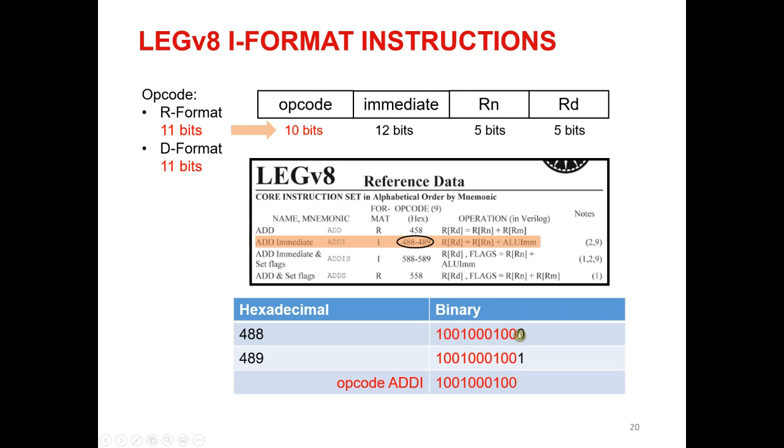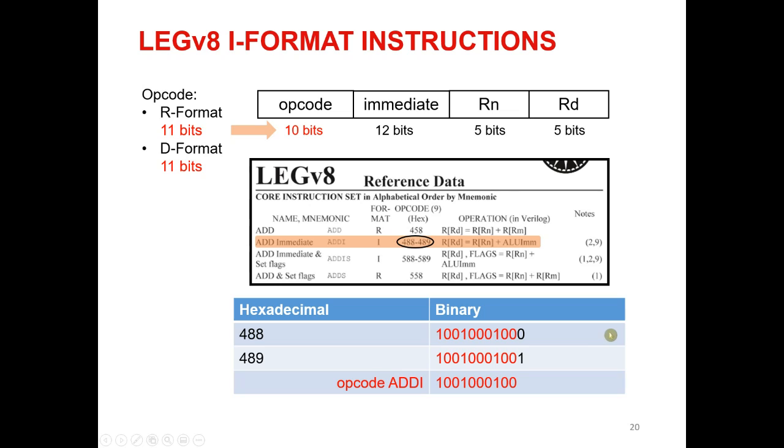It doesn't matter if after those 10 bits we have a 0 or a 1, it will refer to an ADDI, because there is no other operation starting with the same values. We have locked all the values, the two values in this case, starting with these 10 bits.